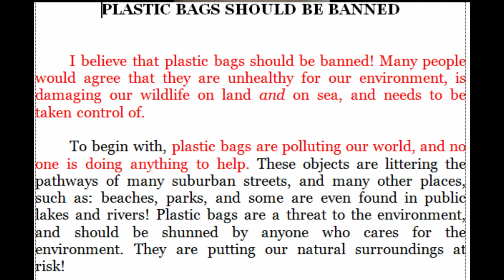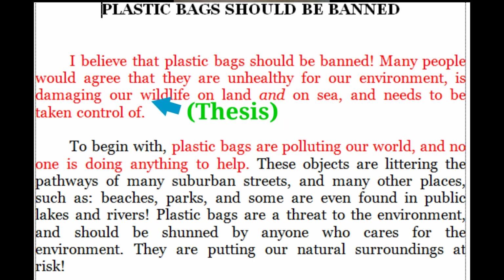Okay, now we go on to the example of an analytical exposition text. Look at the title, Plastic Bag Should Be Banned. From the title, we know that it is an argumentative text. Let's see the first paragraph. Remember, the first paragraph in an analytical exposition text is always called the thesis.